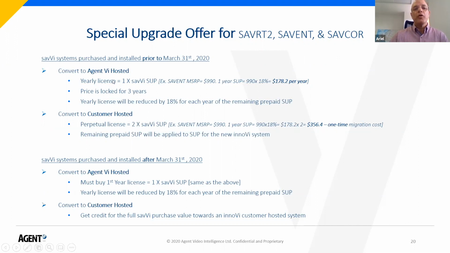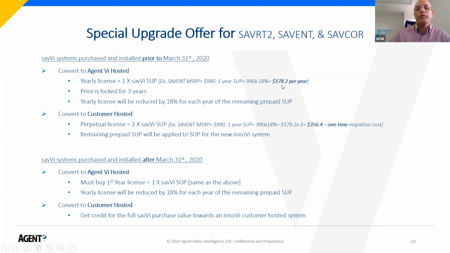You will have to pay only the equivalent of the SUP, the service SUP, to innoVi yearly. As an example, if today the SAVEnterprise license list price, MSRP, is $990, and one SUP is 18%, which means $178.2 per year SUP for SAVI, we will convert you for the same price on innoVi.